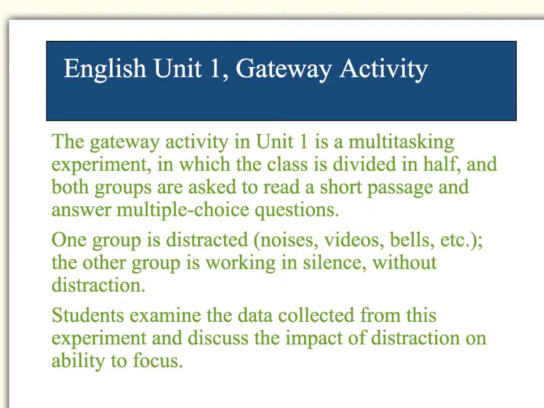One group is distracted by a variety of things, and then the other group is working in silence without distraction. The idea is really to think about multitasking and whether multitasking impacts the quality of the work that we do. And students examine the data that they collect from this experiment and then discuss the impact of distraction on their ability to focus. So that's the kind of gateway activity for Unit 1.